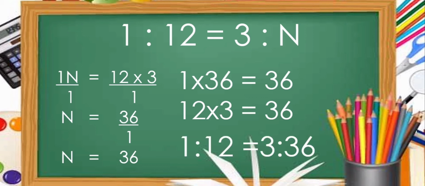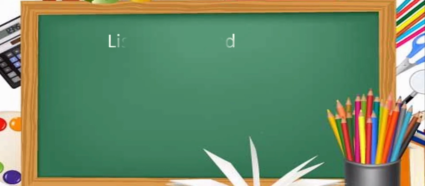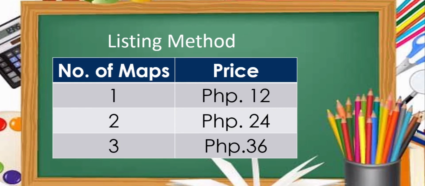So 1:12 is equal to 3:36. Both ratios are in direct proportion. Let's illustrate the problem by listing method using a table. We have the number of maps 1, 2, 3, and its corresponding price 12 pesos, 24 pesos, and 36 pesos.